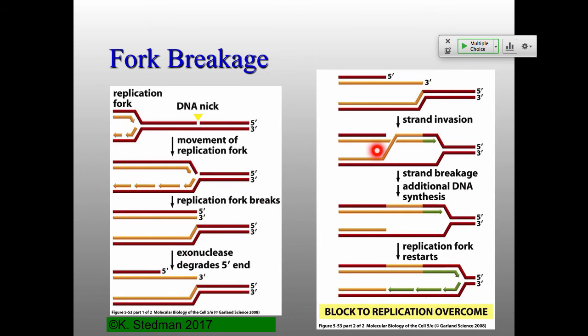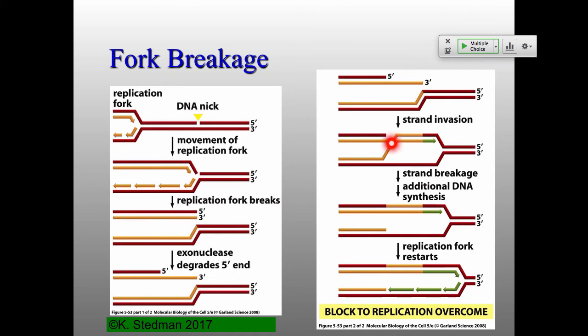That 3' overhang then undergoes a process called strand invasion that we'll look at in a lot more detail in the next couple of slides. Strand invasion now allows this single strand to base pair over here with this strand, which now gives it a primer and a template so it can continue and replicate.